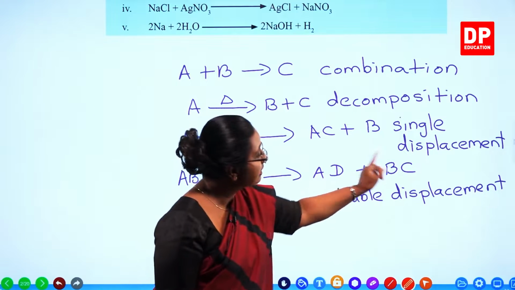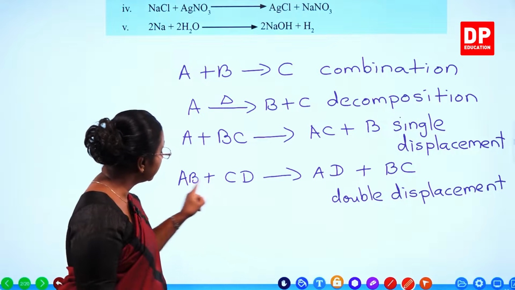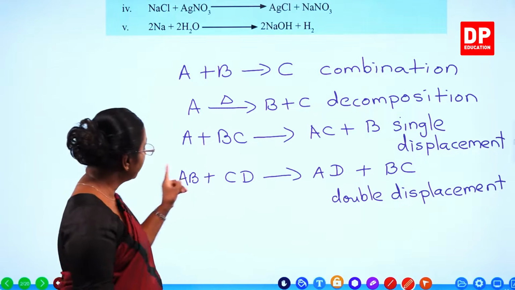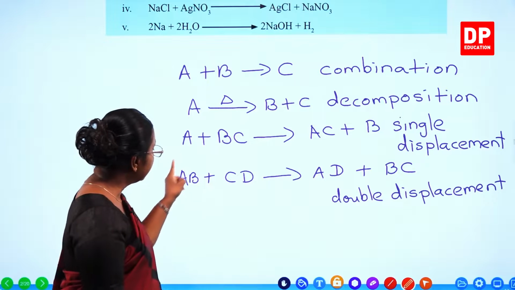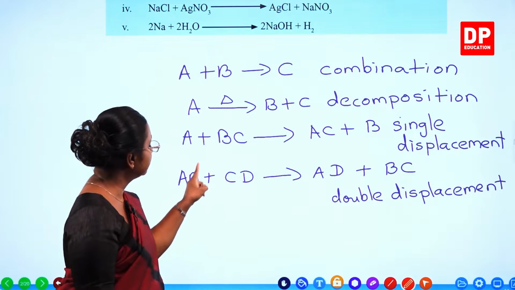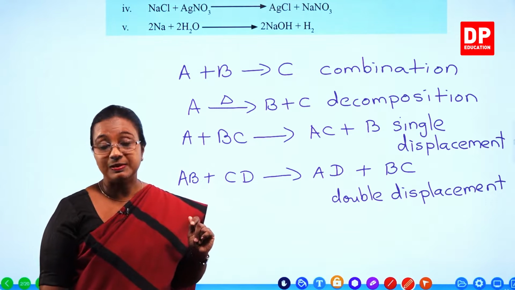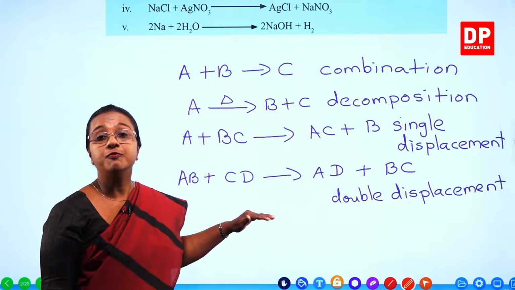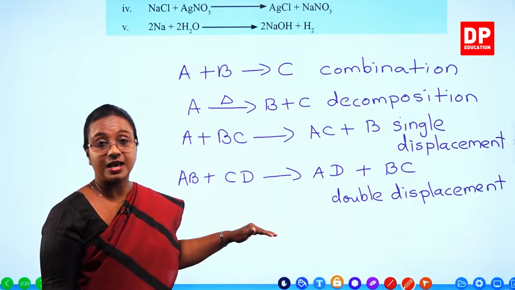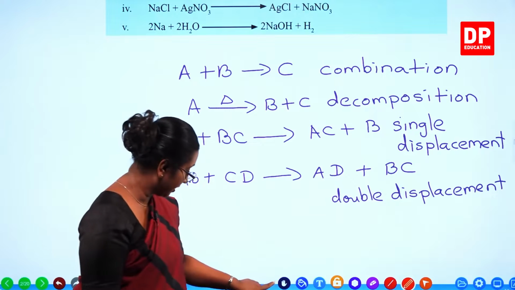Then it is a single displacement reaction. You have both compounds and both the components are displaced by each other. A displaces C, B displaces D. So it becomes a double displacement reaction. So this is the basis of the 4 types of chemical reactions. Using this, you can identify the above reactions.